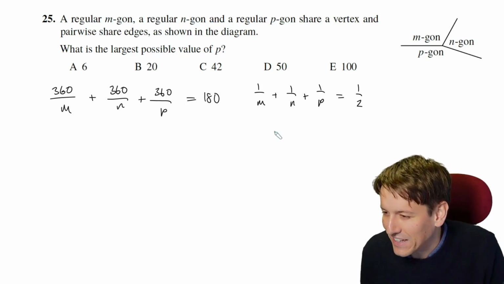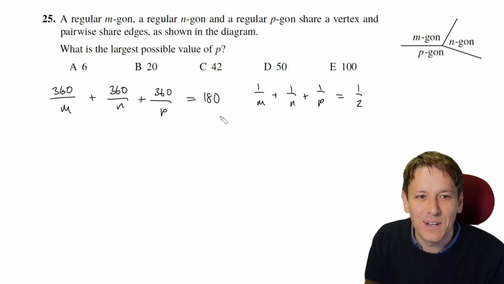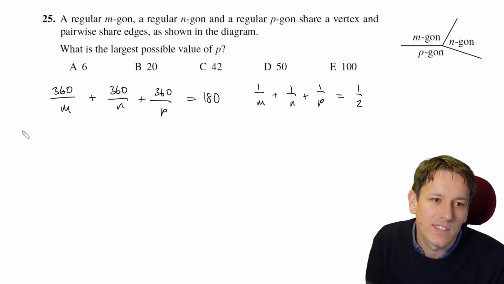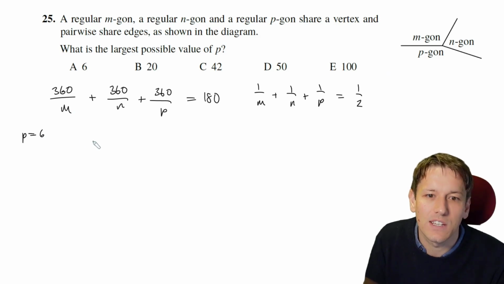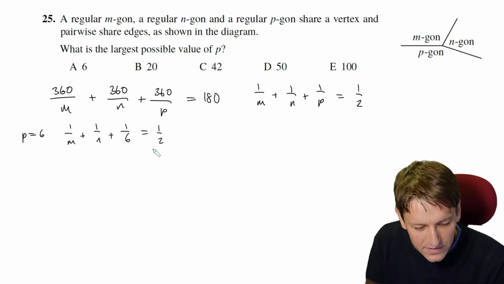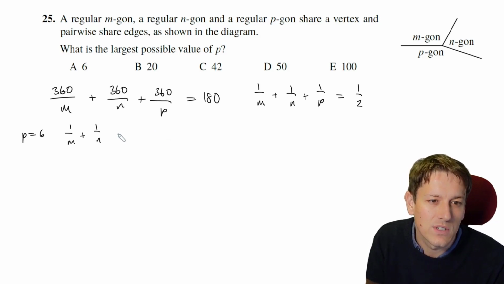So this wouldn't be like a full rigorous mathematical proof if I didn't have the answers in front of me, but we know the answer has to be one of these 5. So let's just go through and see if any of them are possible. So let's see if we can do it with p equals 6, right? So I would need 1 over m plus 1 over n plus 1/6 is 1/2. And okay, so 1/2 minus 1/6, that gives me 2/6.